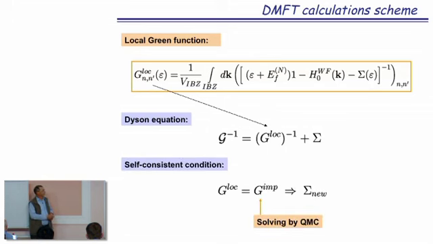Then we solve this impurity problem. We get a new approximation for the interacting Green function, and then we invert the Dyson equation, and now we calculate the new sigma.